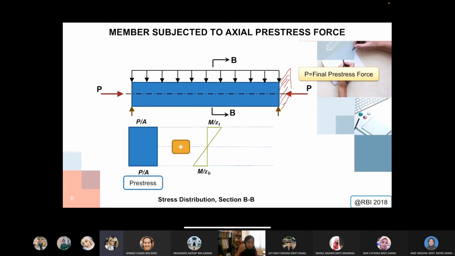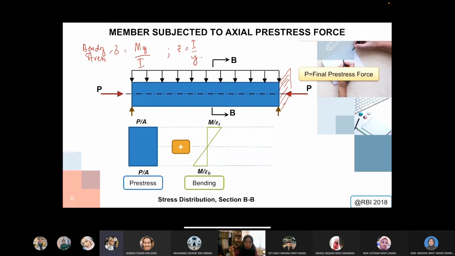So what is M over Zt? This is the bending stress. Remember the bending stress is equal to My over I. Generally you can replace it by Z equal to I over y, so then you have it inverted there.